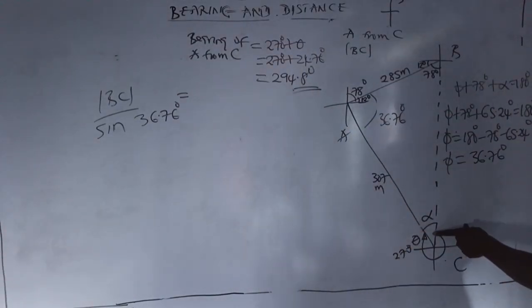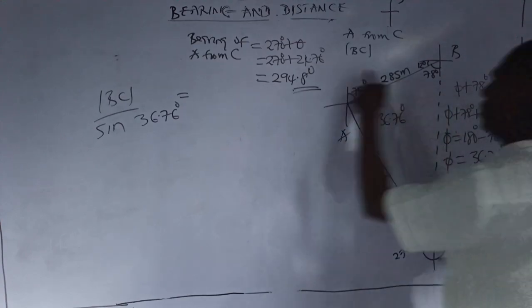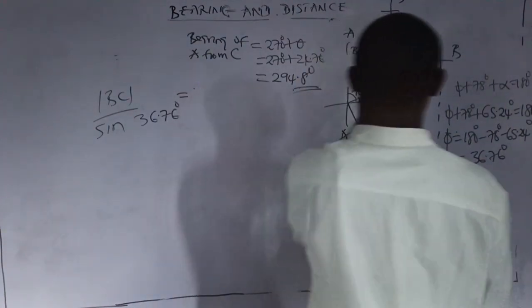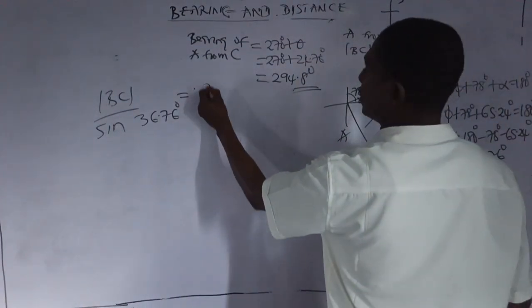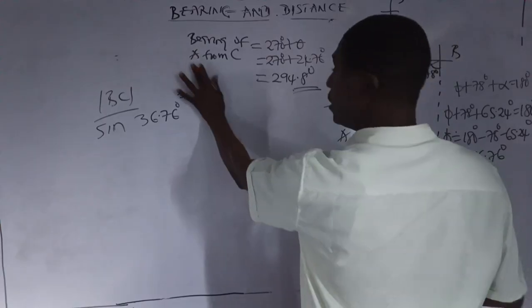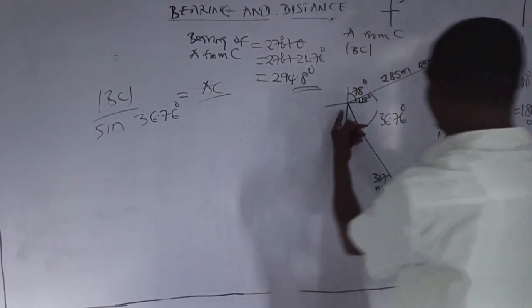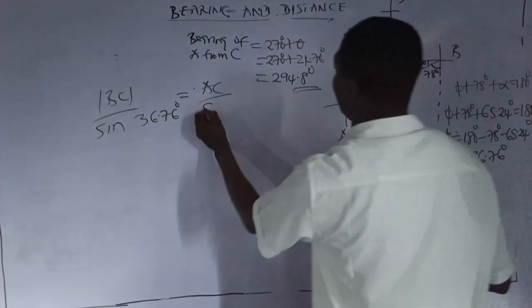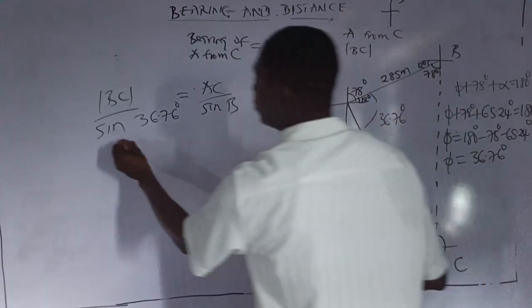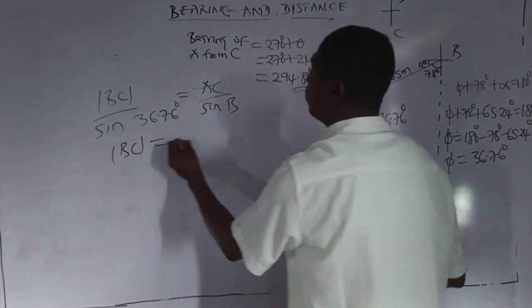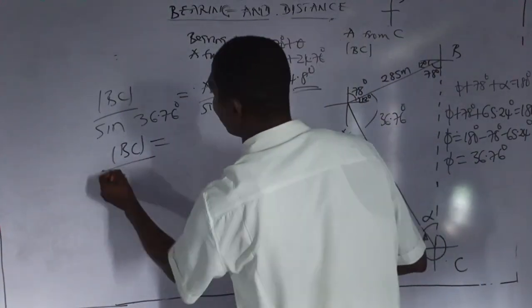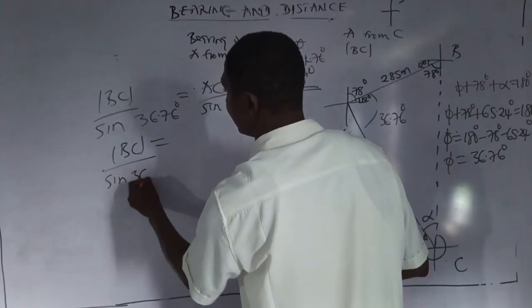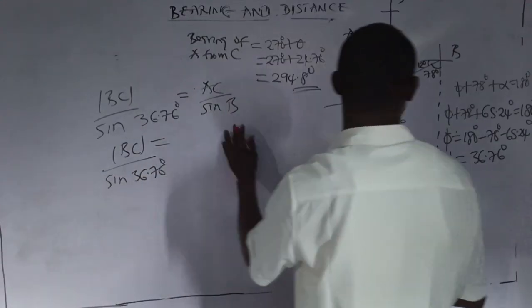Okay, let me use what they gave: AC over sine of B. So BC over sine 36.76 degrees equals AC.